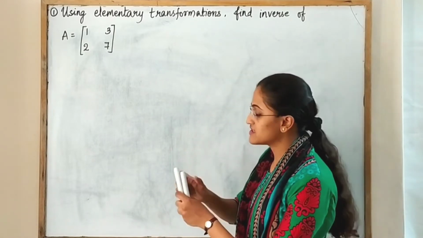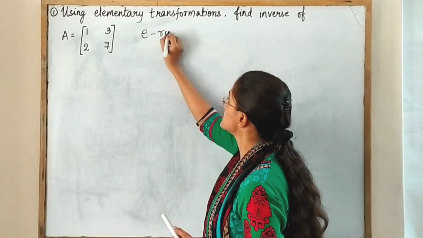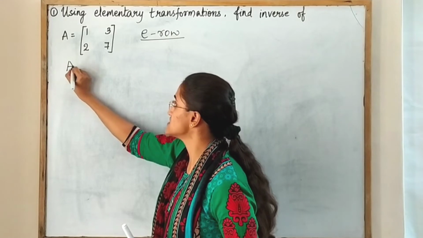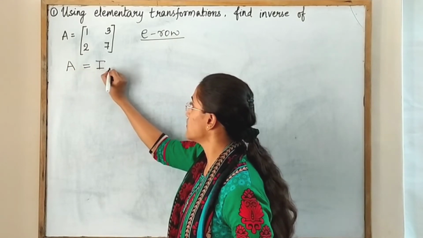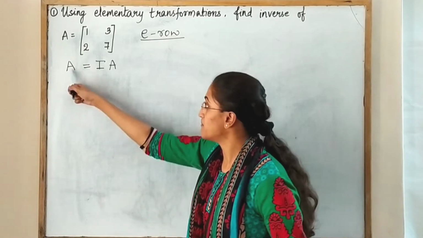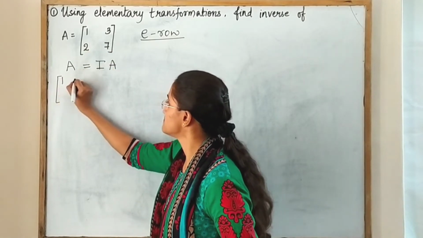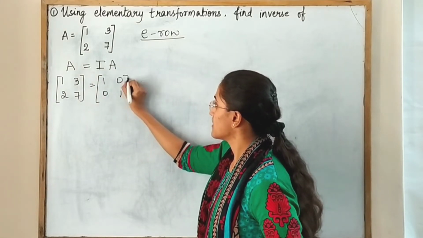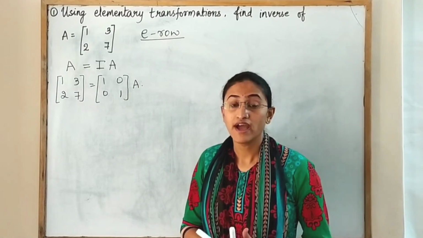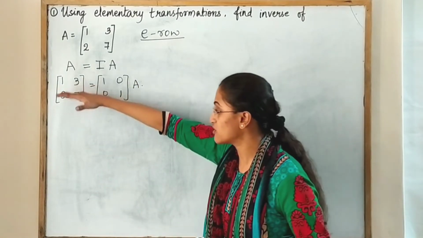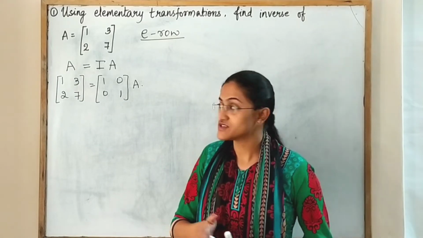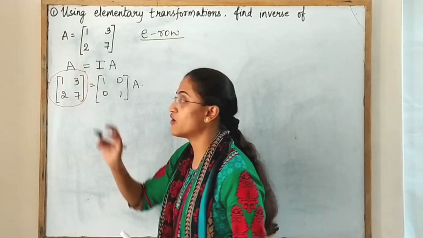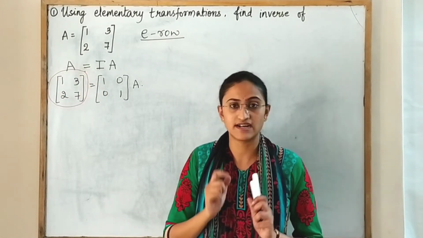Starting with the elementary row operations, as I said before, we start with A is equal to I into A. Now the matrix A given, substitute, is equal to the identity matrix of the same order into A. Now we have to use a sequence of elementary transformations to convert this matrix into an identity matrix.